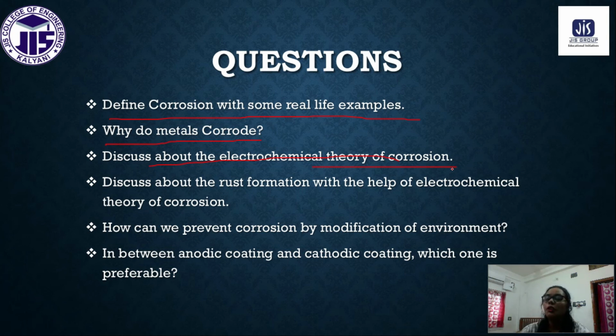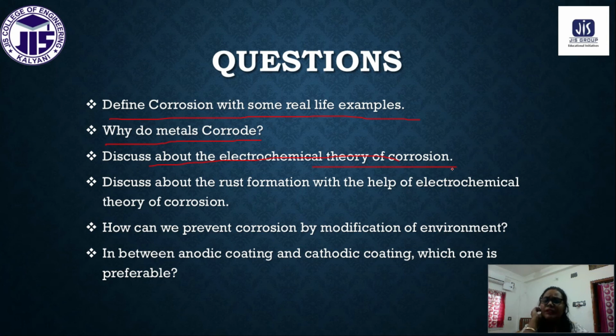The formation of hydroxyl ions takes place at the cathodic area. Now the overall reaction: the metal positive ion and the negative ion combine and form the metal hydroxide. So this is all about the reactions.